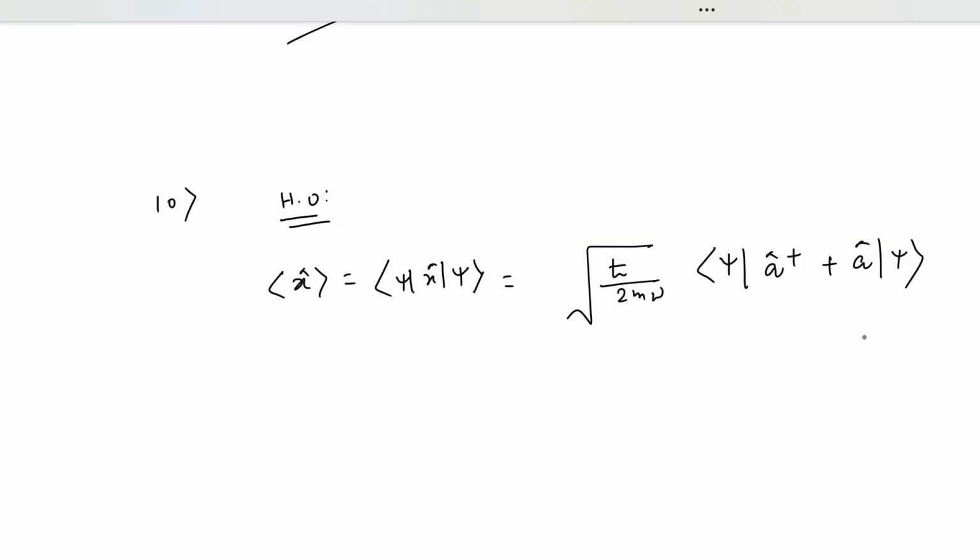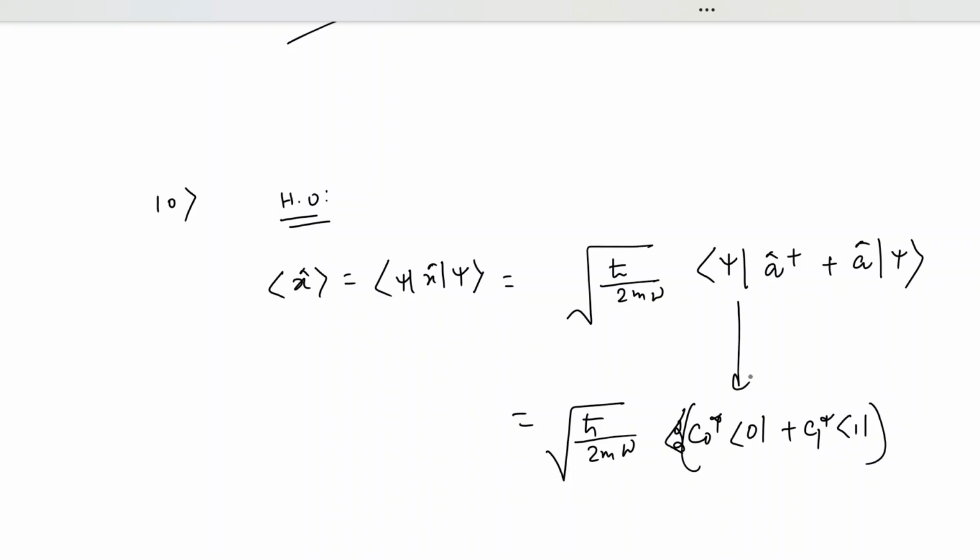So then you have root over of h cut by 2m omega C0 star 0 plus C1 star 1, this is in the bra form for this part, and then a dagger plus a, then operating on C0 0 plus C1 1.